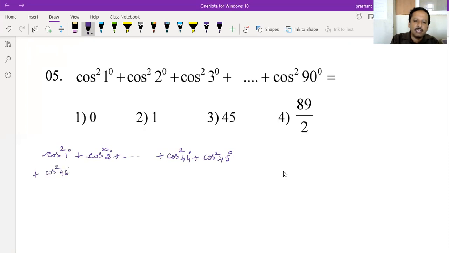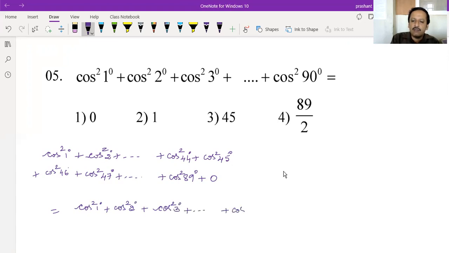Cos square 46 degree plus cos square 47 degree and so on till cos square 89 degree plus cos square 90 degree, which will be equal to 0. Okay. So here now this cos square 1 degree I'll keep as it is. Cos square 2 degree also as it is, and so on till cos square 44 degree. I'll keep it as it is.